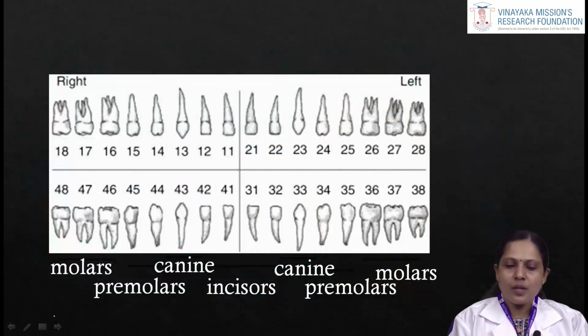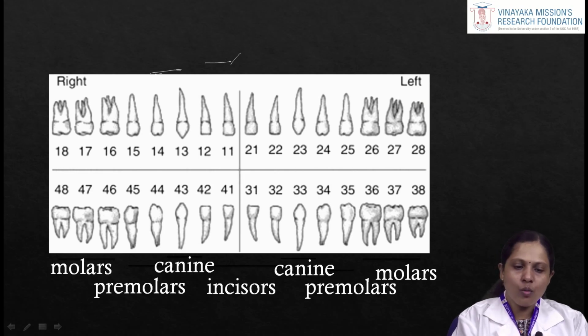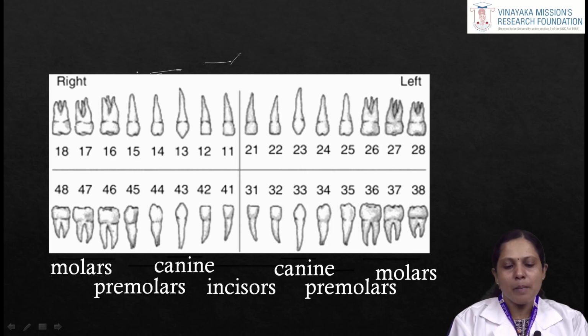So 1-1 represents the upper right central incisor. 1 and 2 represent incisors, 3 is the canine, 4 and 5 are premolars, and 6, 7, 8 are molars.